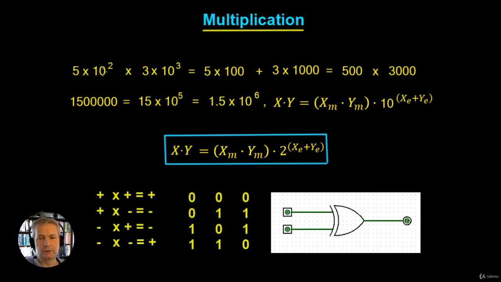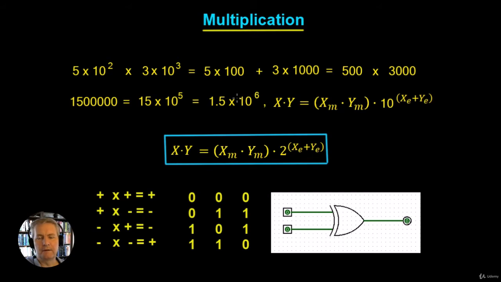And these two numbers are our exponents, so we get our final exponent value by adding the exponents. So we're left with 15 times 10 to the power of 5. Now if we were to normalise that, we would write that out as 1.5 times 10 to the power of 6.